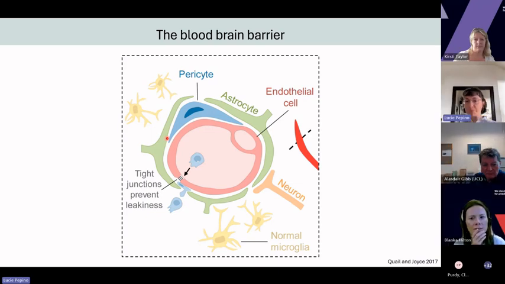And so you might wonder why it's so important to dampen the inflammation within the central nervous system, because when you have inflammation, it's very detrimental for neural processes and cognitive function. A great example is when you're sick, for example, you have a cold or the flu, COVID, I don't know.